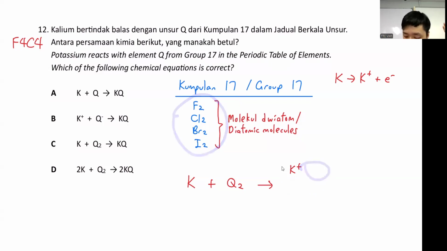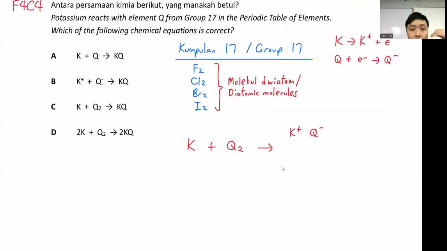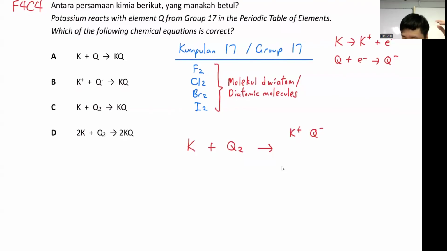Group 17 will receive 1 electron, normally. Potassium is 2A1, donate 1. Let's say Q is chlorine, 2A7, receive 1 to get full. You get Q minus. So the formula, 1 positive cancels 1 negative, you will get KQ.